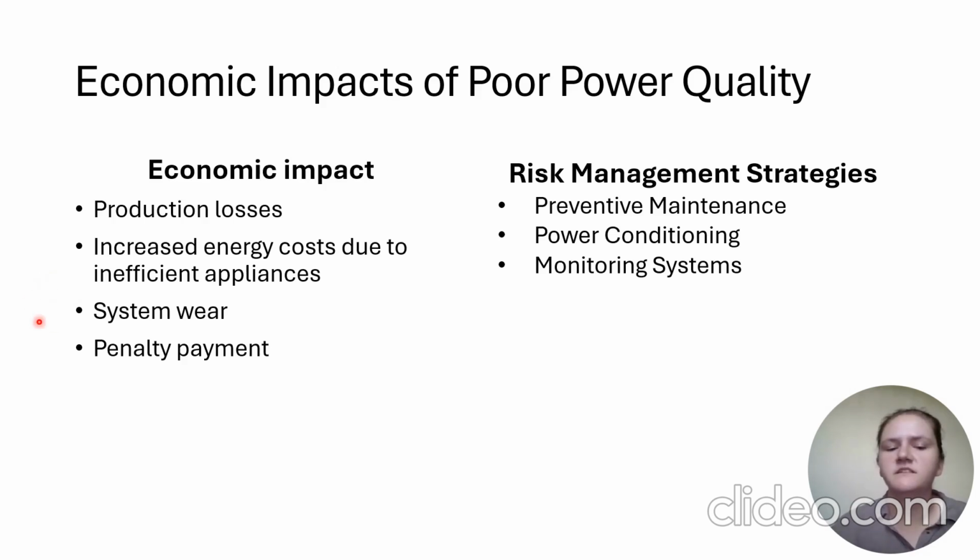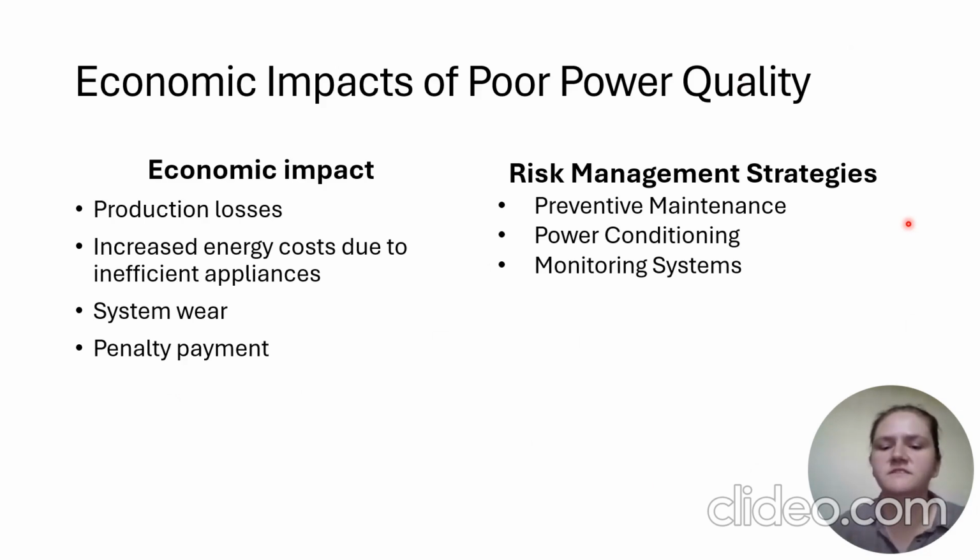The overheating will cause system wear, as I mentioned, reducing lifespan or damaging the equipment, which has to be replaced, which will also cost. And if the companies don't stick to the standards, like IEEE, they have to pay penalty payments.